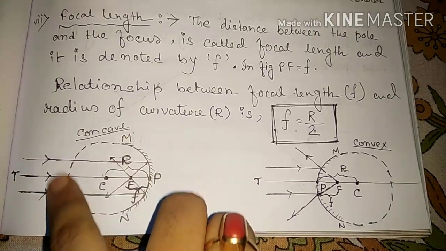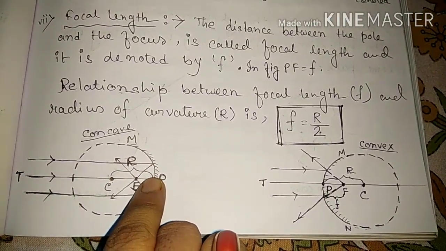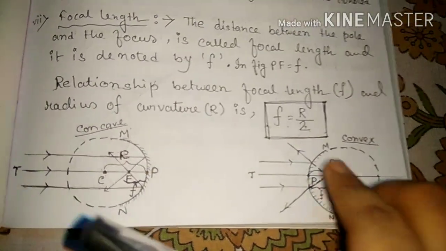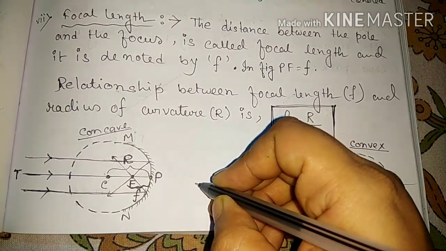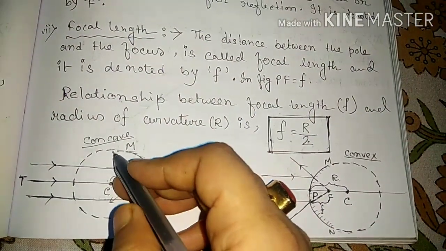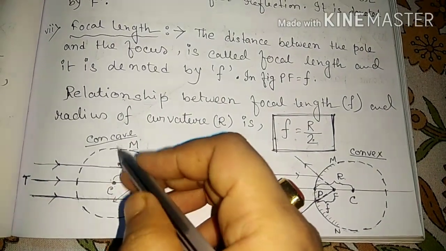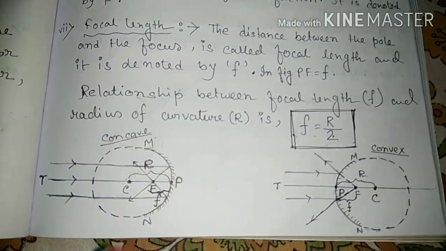Now this is a sphere, so C to P is the radius of this sphere. Clear? From here also, C to P, or anywhere in a sphere, if from the center to any direction towards the curvature we join a straight line, that gives us the radius.